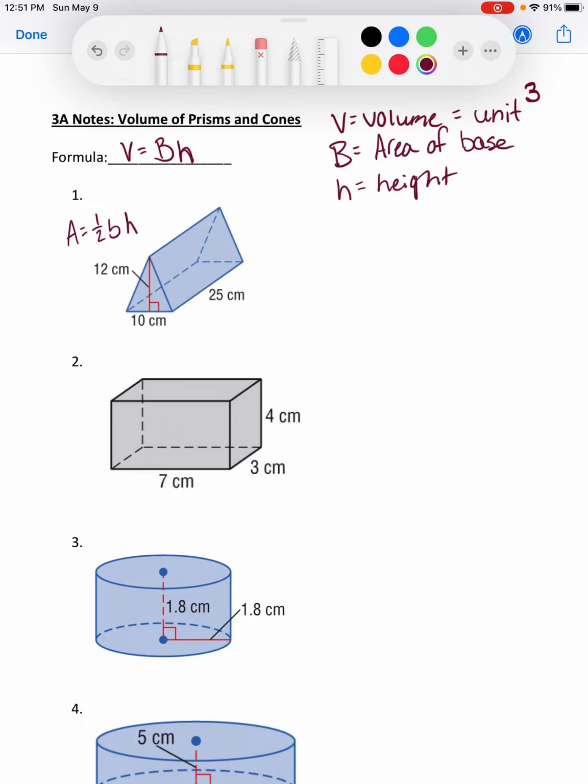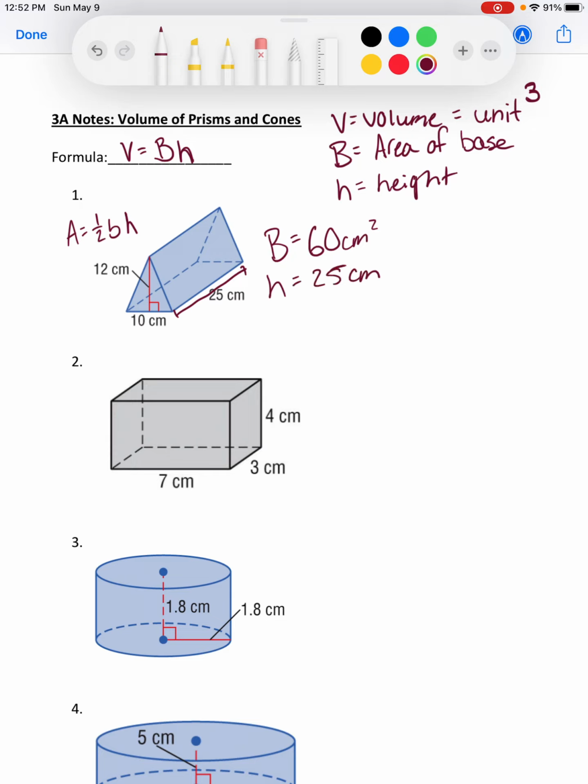Half of 10 is 5. 5 times 12 would be 60. So the area of our base is going to be 60 centimeters squared. And then our height in this case is going to be our 25. So our h is 25 centimeters.